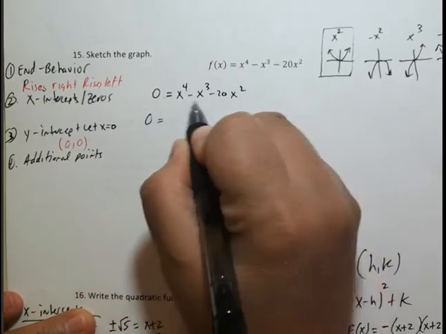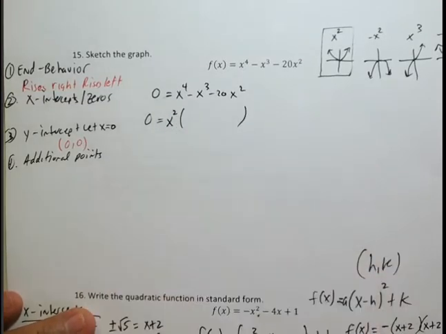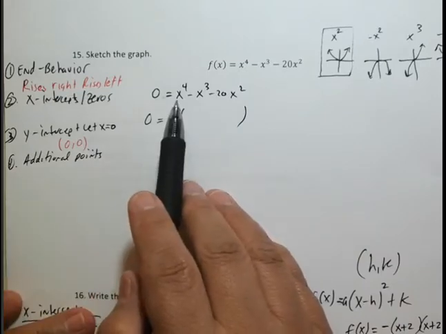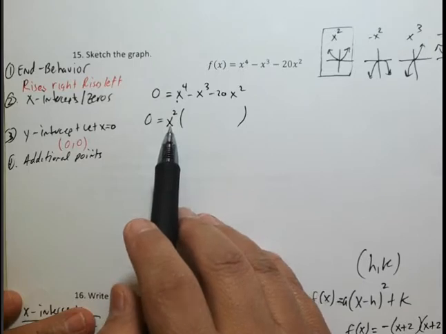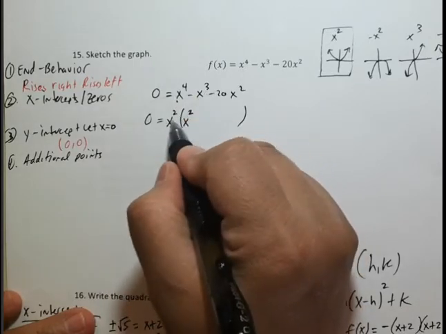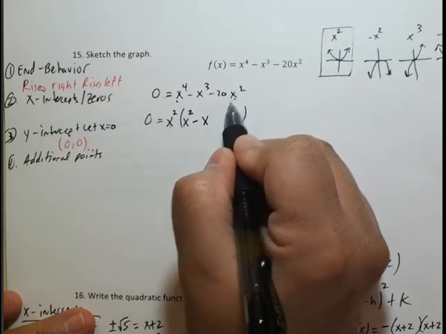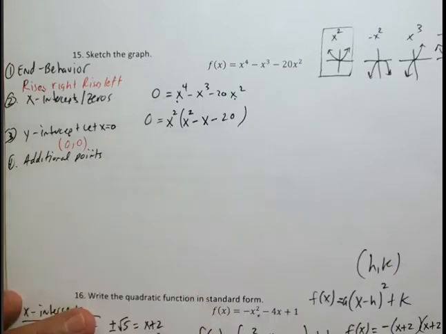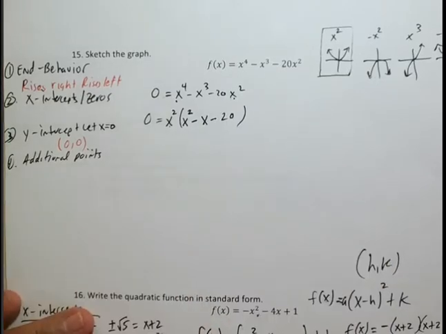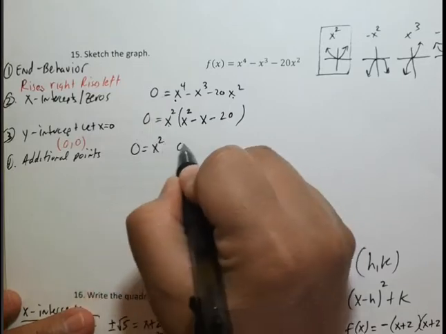They all have at least an x squared, so I'm going to factor out an x squared. From the x to the 4th, I get x squared. From x cubed, I get an x. And from the 20x squared, I get a 20. Now I can set this equal to 0.